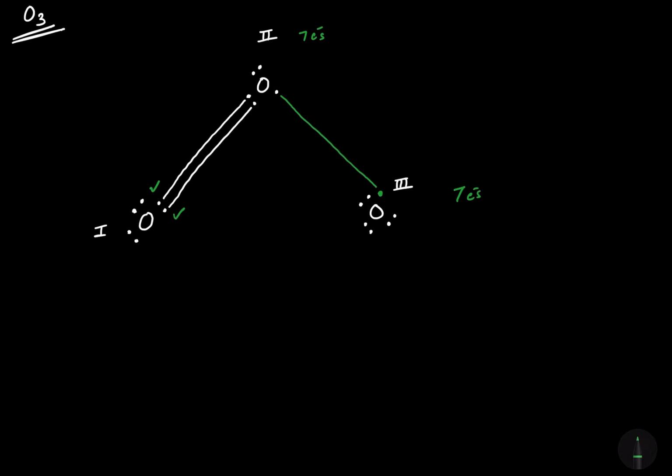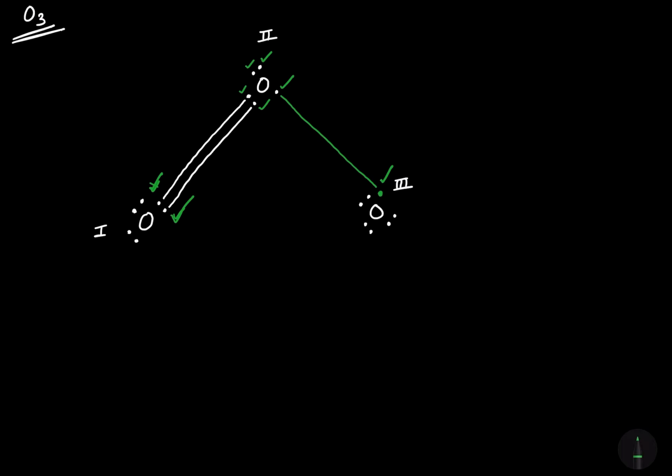Now let's again count the electrons of oxygen number 2 and 3. It's number 1, 2, 3, 4, 5, 6, 7 and the 8. So that means oxygen number 2 got 8 electrons in its outermost shell.